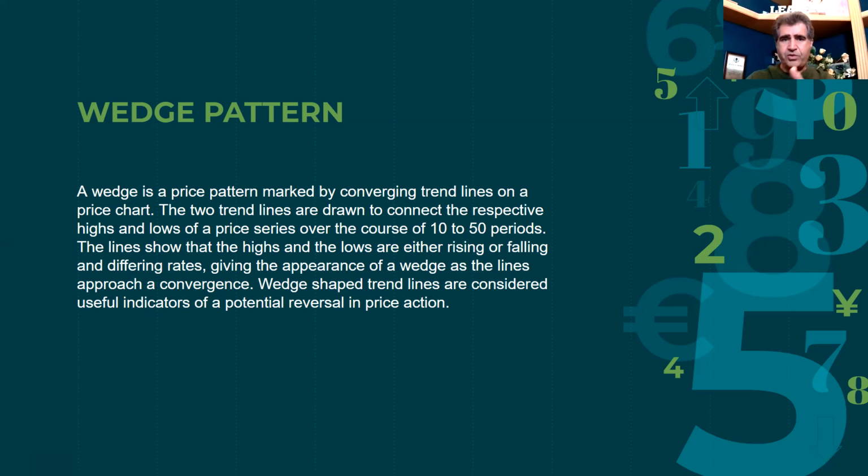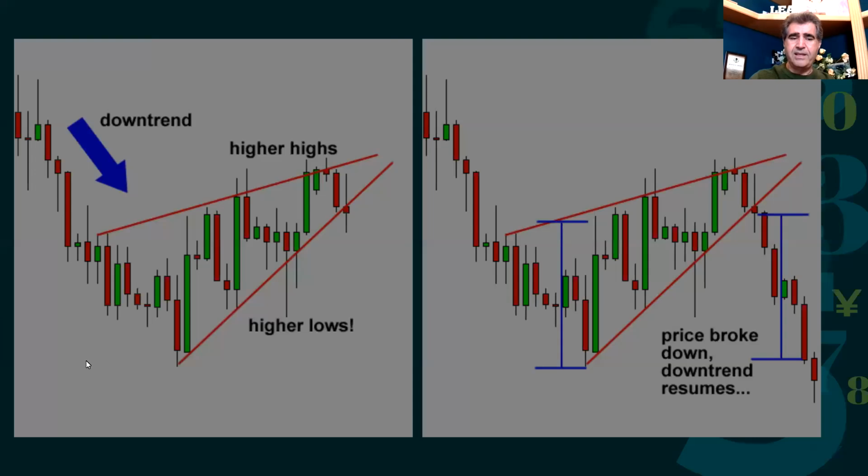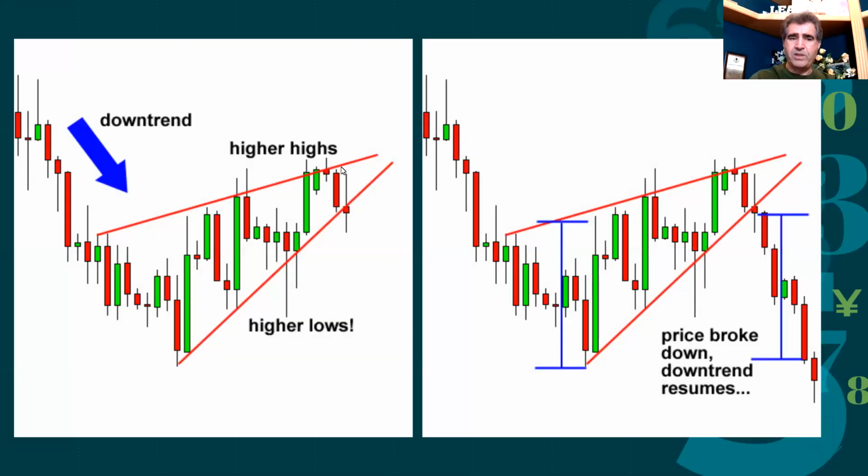It could be a downtrend or an uptrend, and it almost looks like a triangle. They converge, and the breakout of those could be very strong. So here we are. This is an uptrending wedge, but the breakout could be either way. Once the breakout happens, again, the volume comes into the picture.